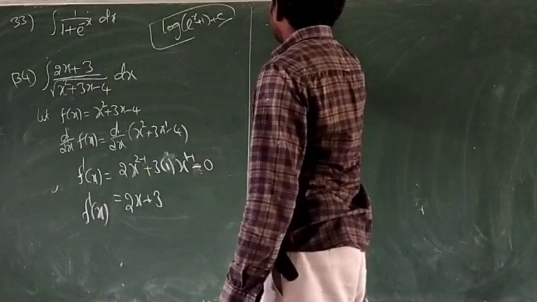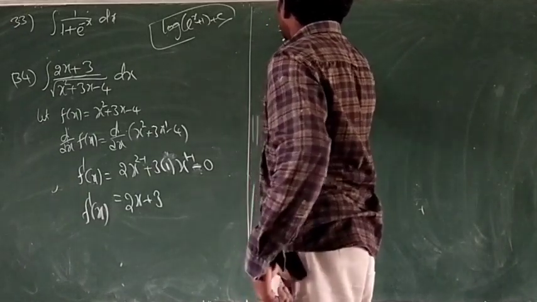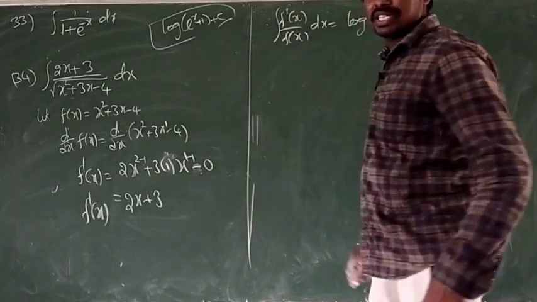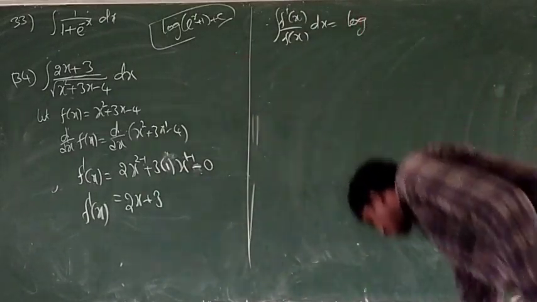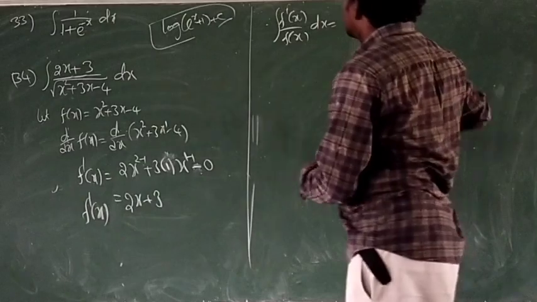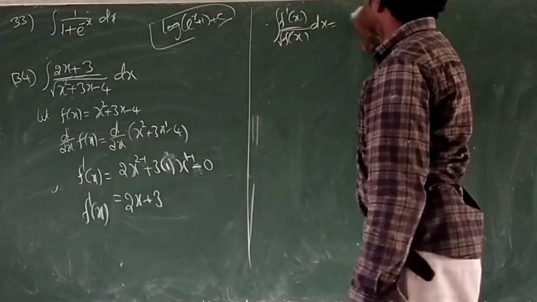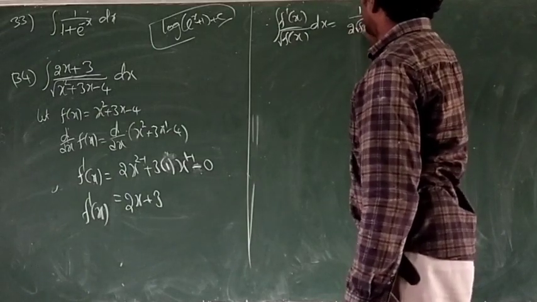The formula is integration of f dash of x by f of x dx is log of f of x, but here there is a root. Whenever there is a root, the formula is 2 root f of x plus c.